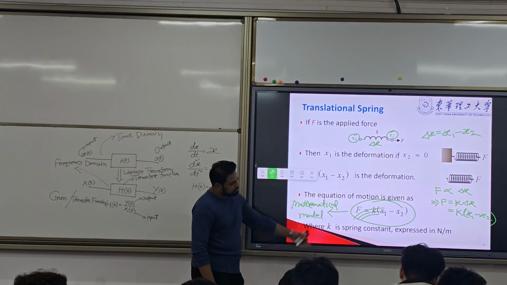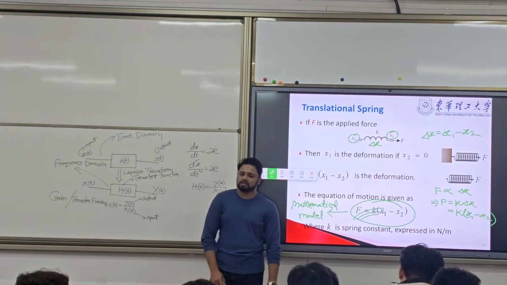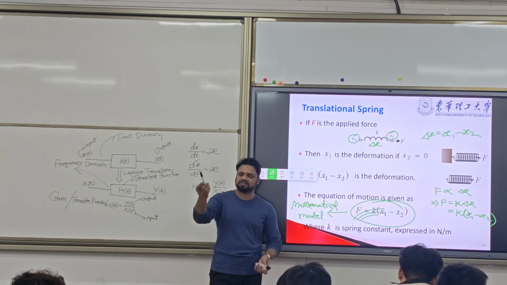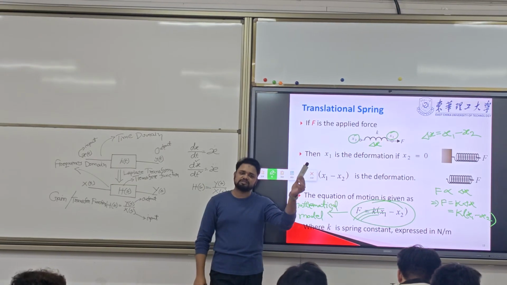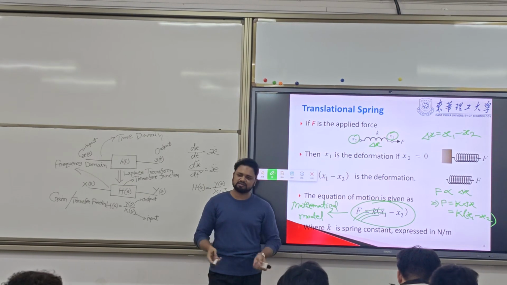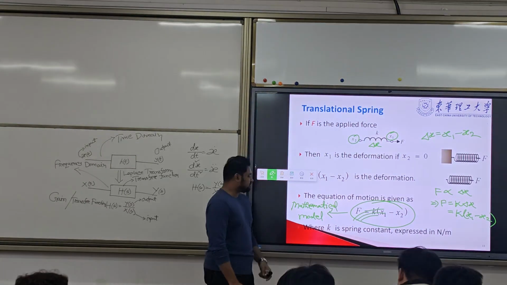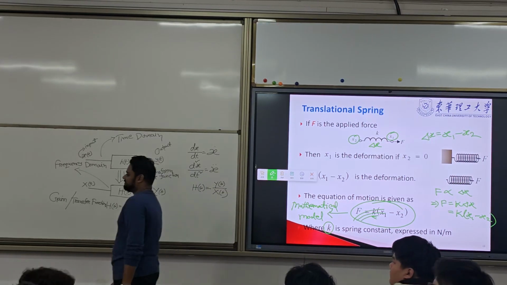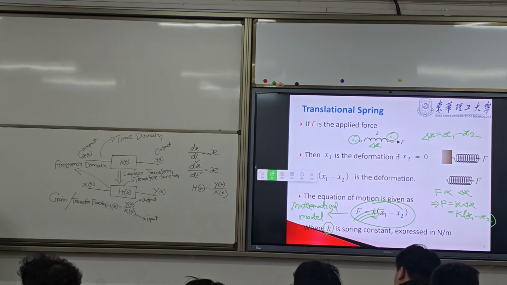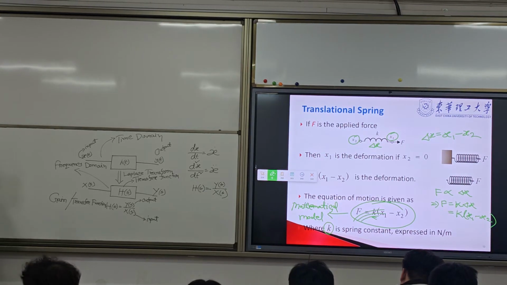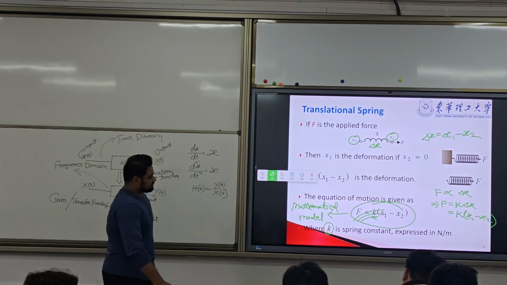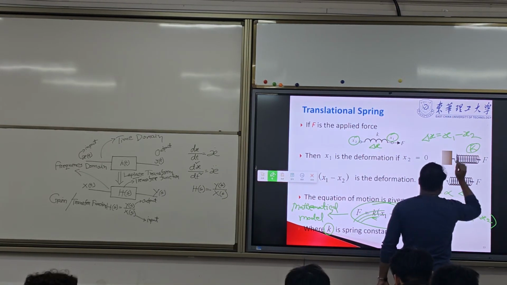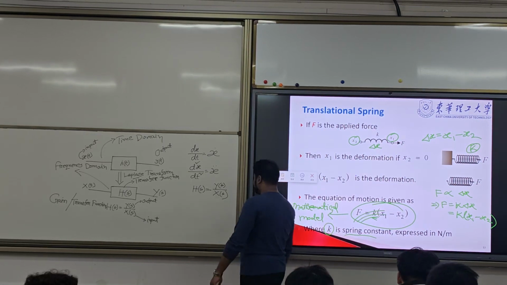You need to write down equations in this way for any system. K is the spring constant, and that's why we are using K for the spring. It is expressed in Newton per meter.